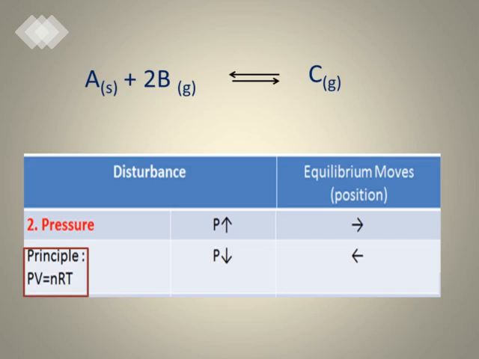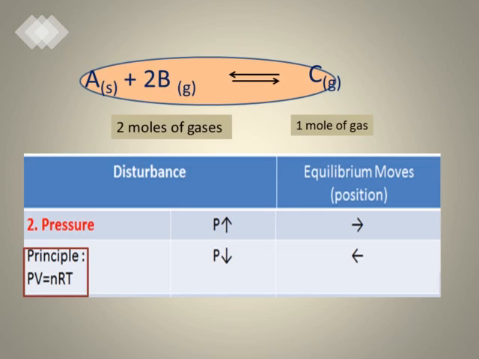Hence, the system will move in the direction that will reduce the number of moles of the gas. In this equation, since the forward reaction contains the least number of gas molecules, the reaction will move to the right to reduce the pressure of the equilibrium system.